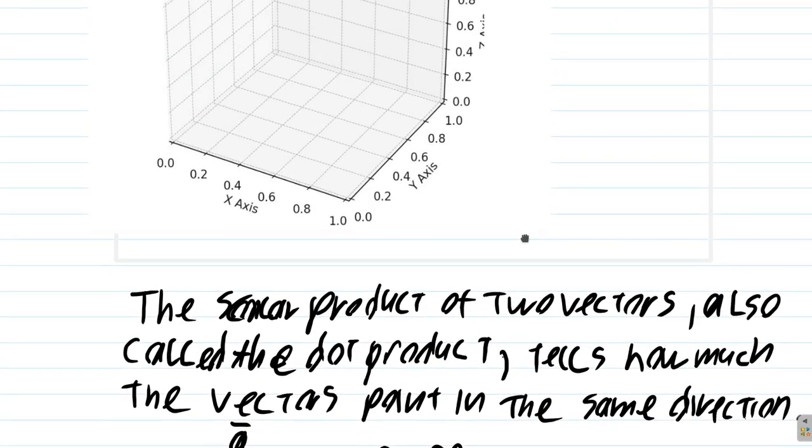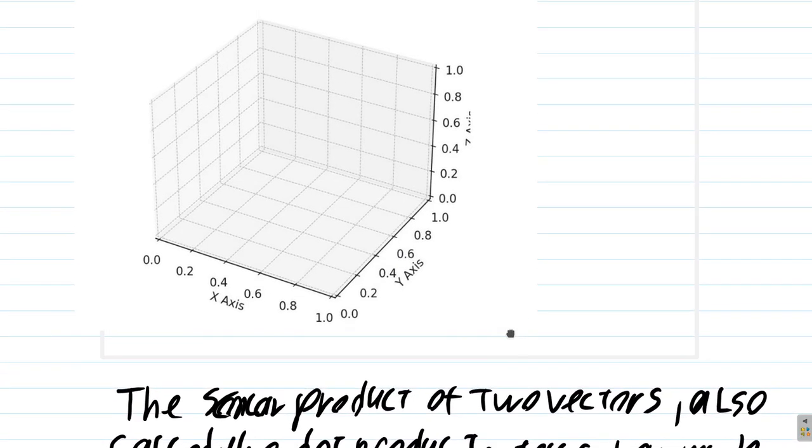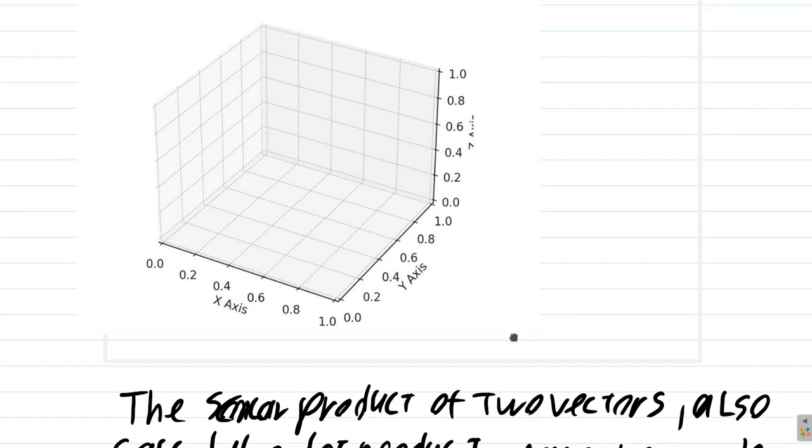Alright, now we want to see something here. Suppose we have three-dimensional space now. Let us say we have our x plane, our y plane, and our z plane.